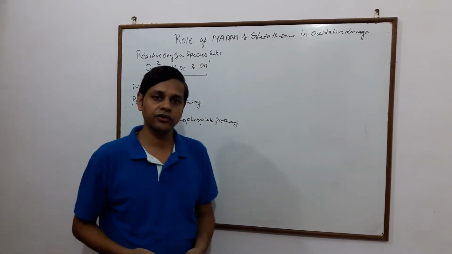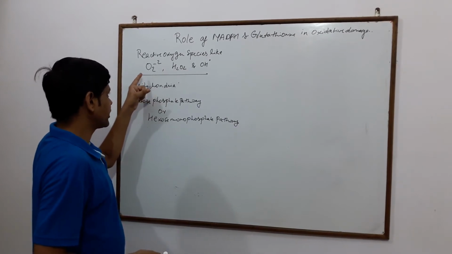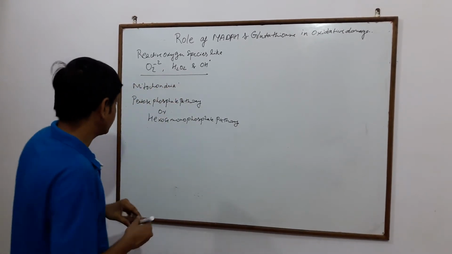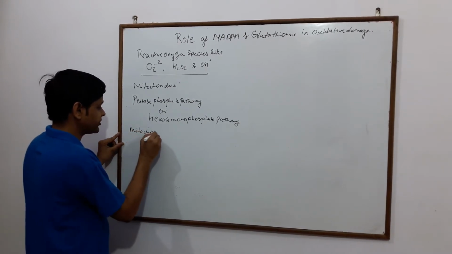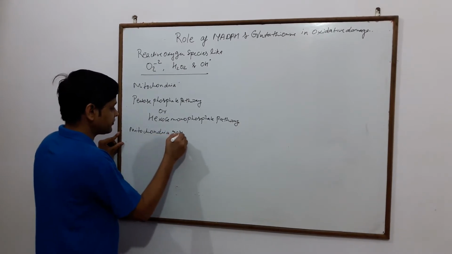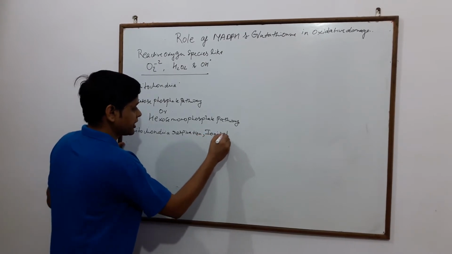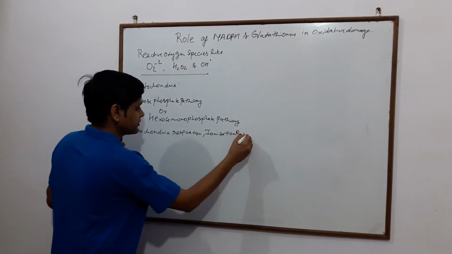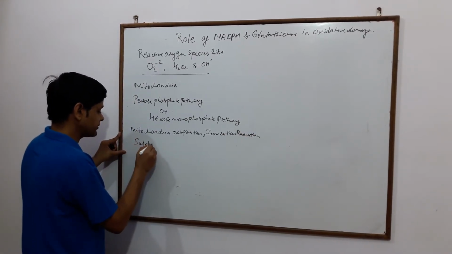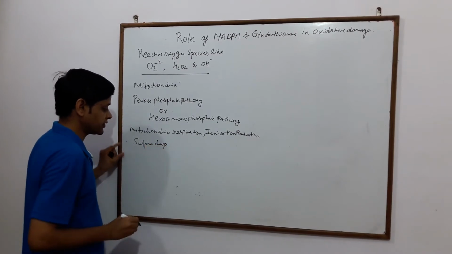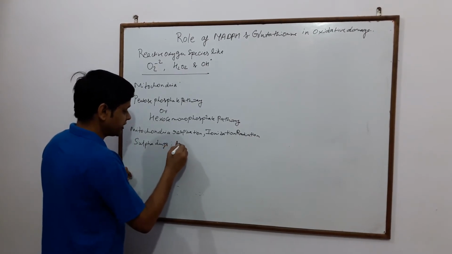And what are the reasons which provoke the generation of these reactants? The first reason is mitochondrial respiration; they are produced during mitochondrial respiration. The second reason is ionizing radiation. Then there is consumption of sulfur drugs, excessive consumption of sulfur drugs, which are also called anti-malarial drugs.